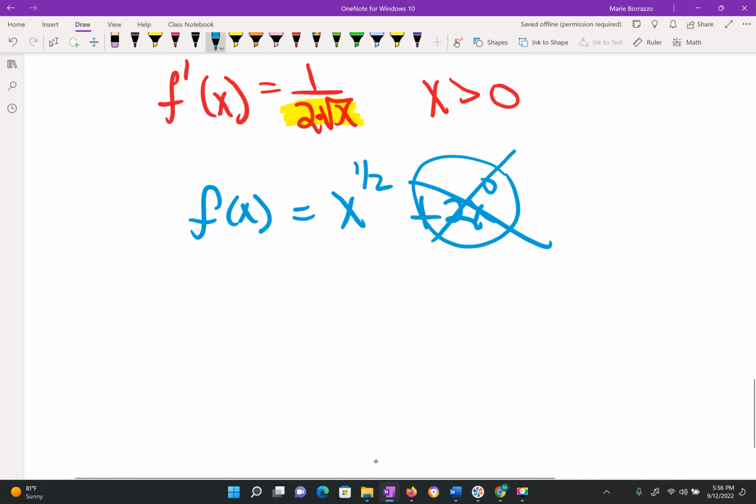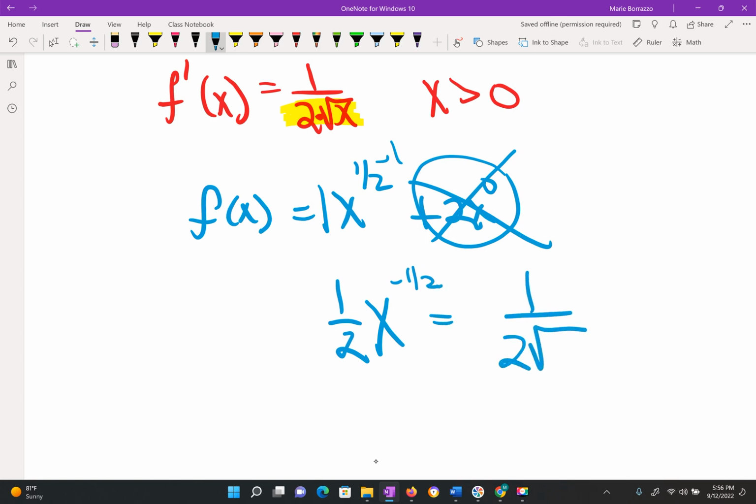This is going to become, so remember there's a 1 here, so it's really 1/2 x, and I'm taking away 1, so it's really negative 1/2. So this actually becomes 1 over 2 square root of x, because it's really 1 over 2x to the 1/2, right? Because I moved this down. Make sense? So you still can do that. Need that again?